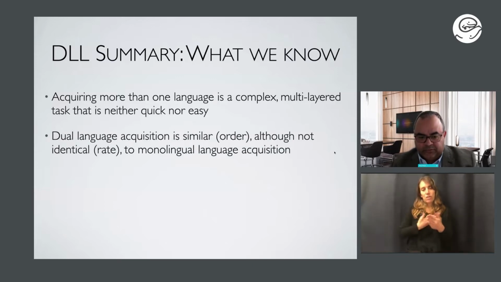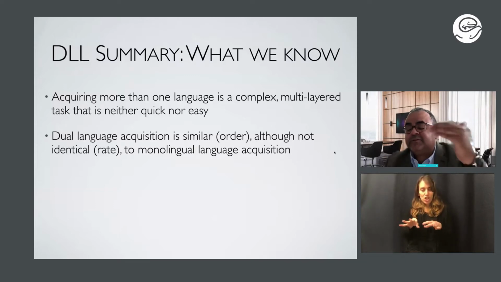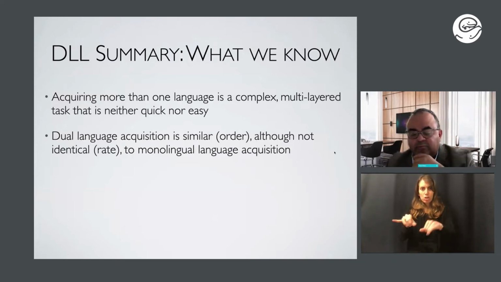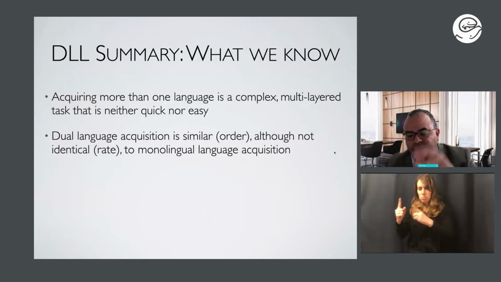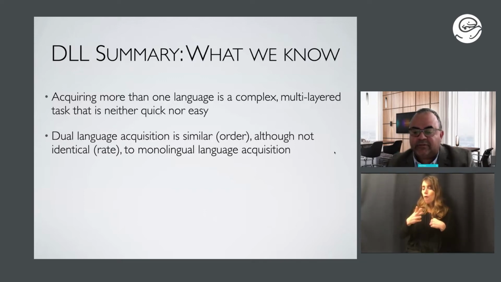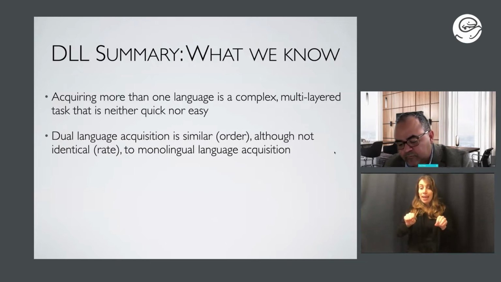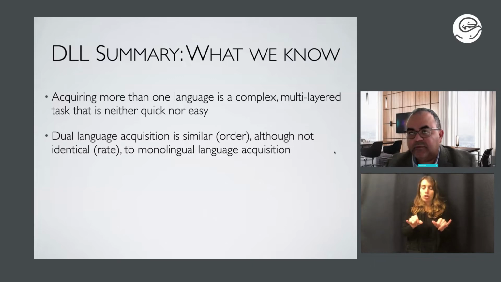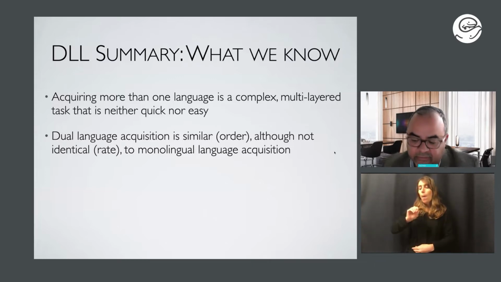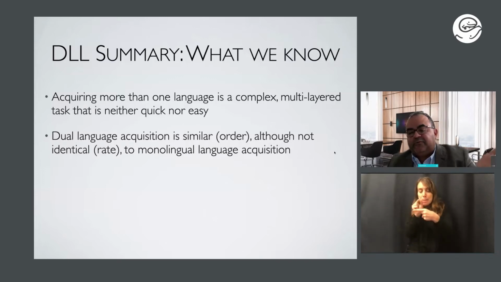We know that dual language acquisition is similar in terms of the milestones that kids, let's say in English, reach, right? What morphemes are they acquiring when? The order is similar, or in Spanish too, different types of morphosyntactic skills, but the rate tends to be different relative to monolinguals, right? So let's think about monolingual English speakers and Brown's morphemes. By age 4 to 5, they really have mastered all of Brown's morphemes, and they're at a level 4, level 5.